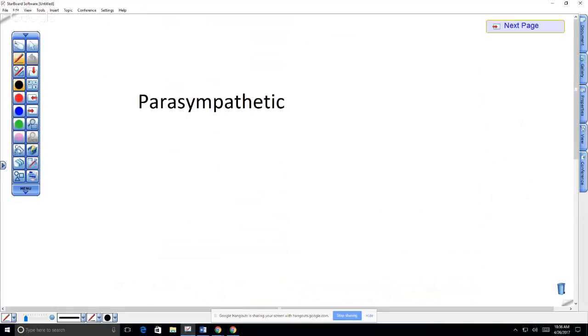So this is sometimes referred to as the D division, right? So D, right, stands for digestion, defecation, and diuresis. What does diuresis mean?